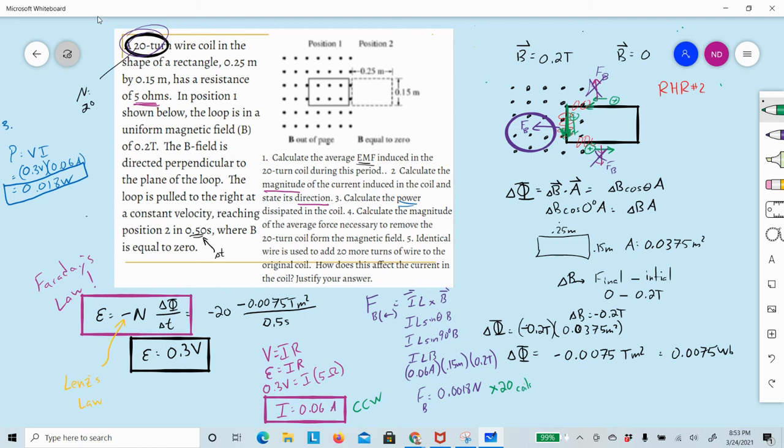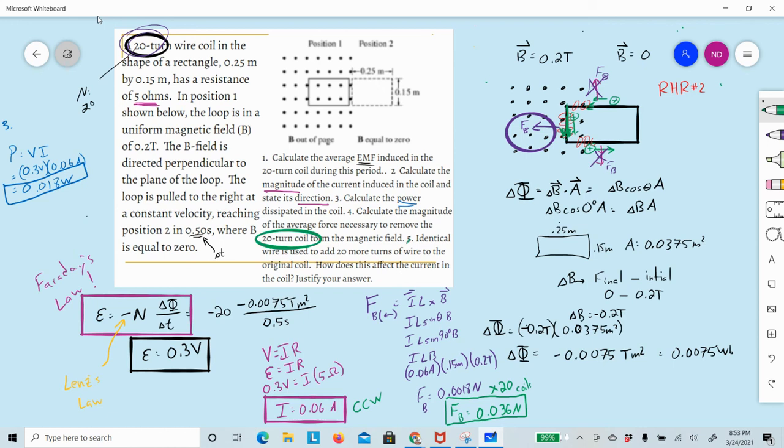So we get the net force to be 0.036 newtons. Calculate the magnitude of the average force necessary. Don't forget that it's a 20 coil. You got to multiply the force by 20.